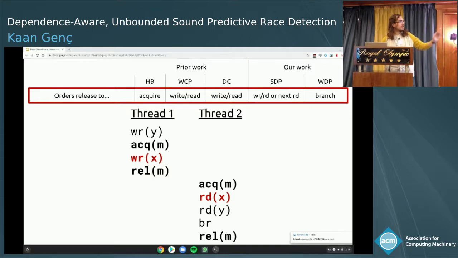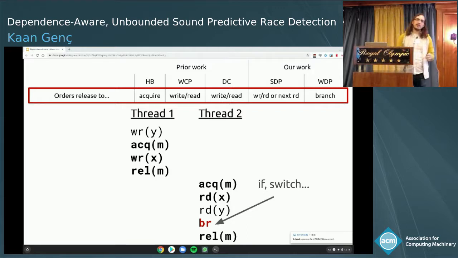One of them is writing to X, the other one is reading from X. And more importantly, we have this branch event. This is something that weak causally precedes and doesn't commute hadn't considered before. These are things in a program's execution, such as ifs or switches and so on, that conditionally change how the execution is going to proceed.